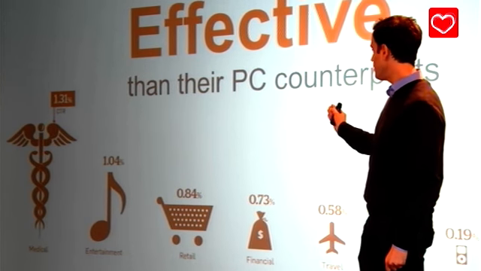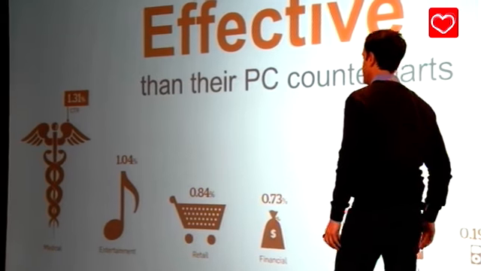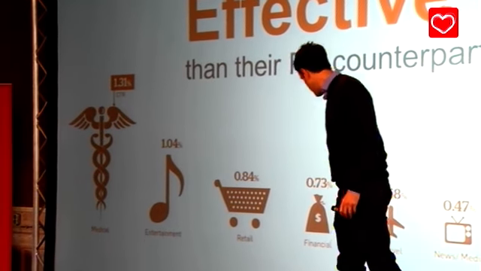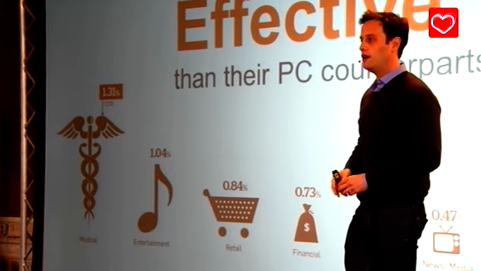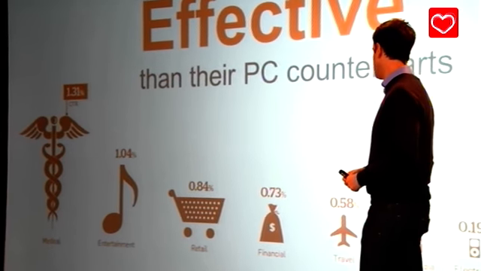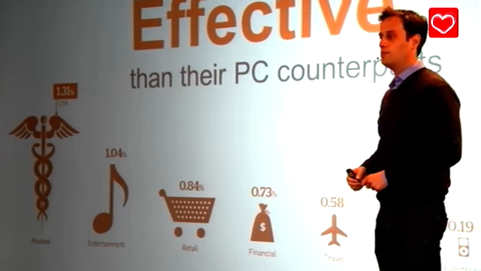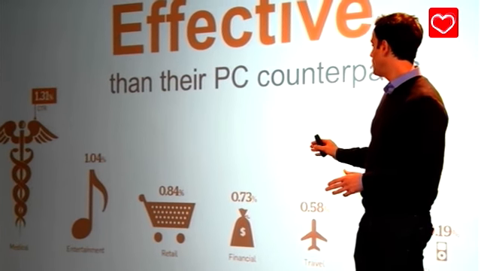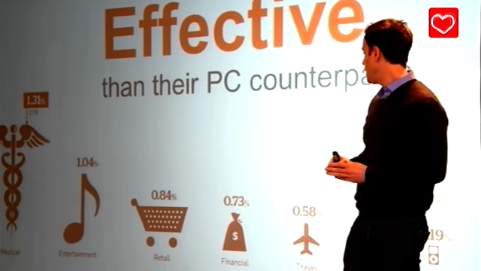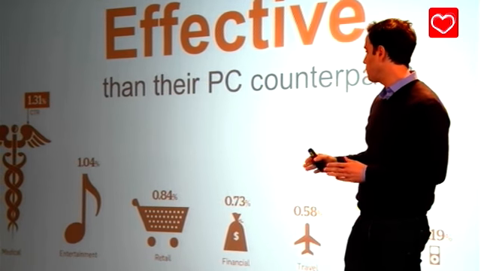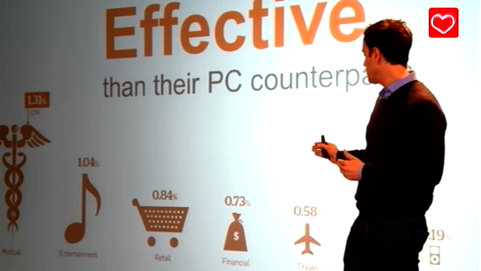But what I found very surprising is these 3 verticals: retail, financial, and travel, which are relatively strong as compared to PC. These advertisers focus specifically on direct response. So they want users to download their apps, go to the mini site, buy something.